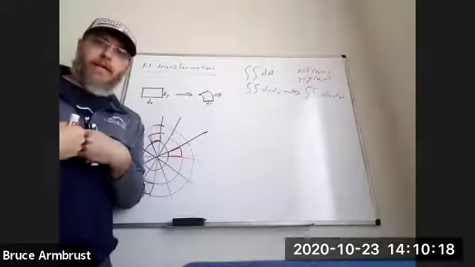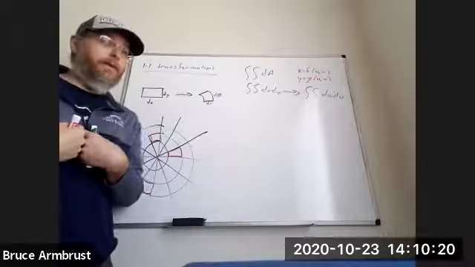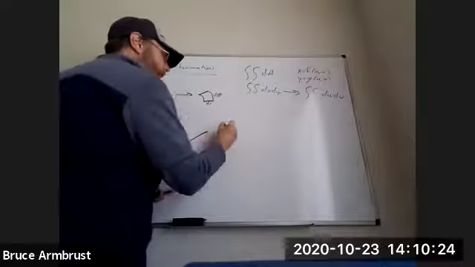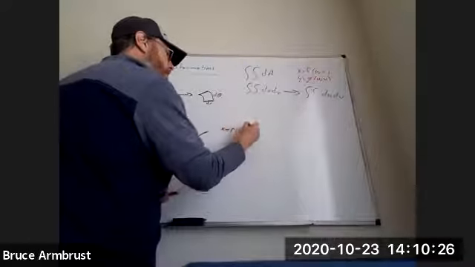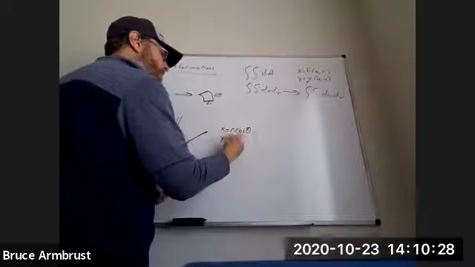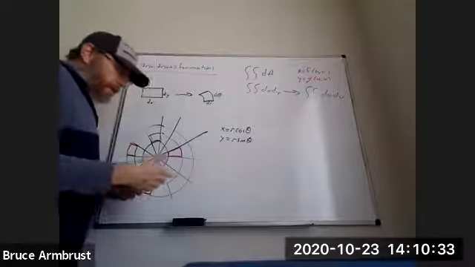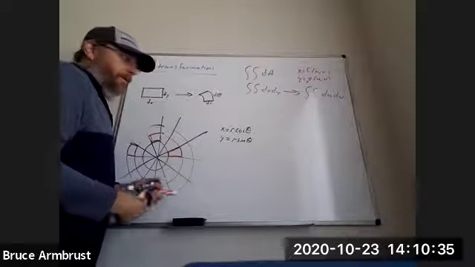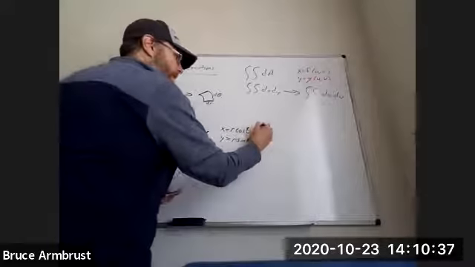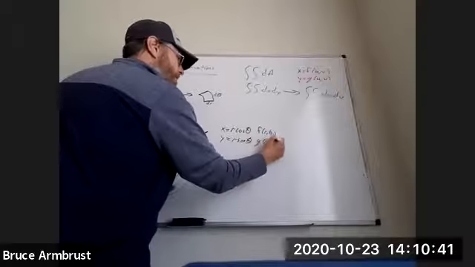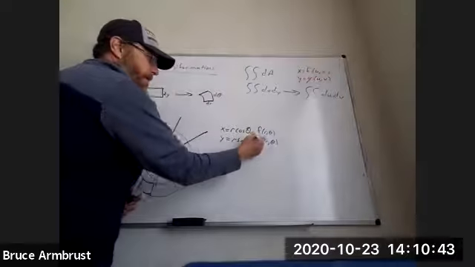I'm going to reference polar a lot because it's the one that we're familiar with. Think about with polar, we had x equals r cosine theta and y equals r sine theta. These are those two functions. This is f of r theta, and this one's g of r theta.